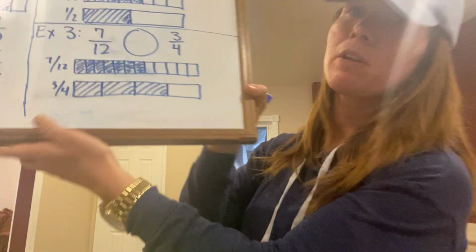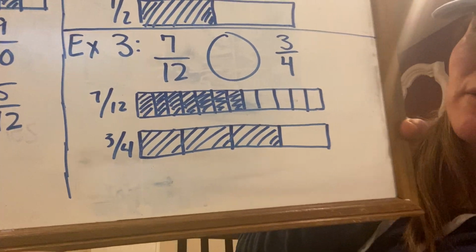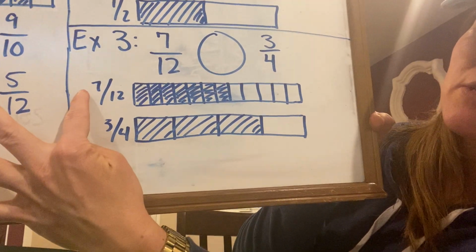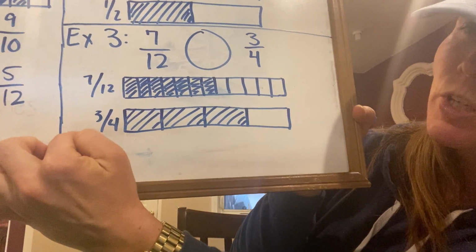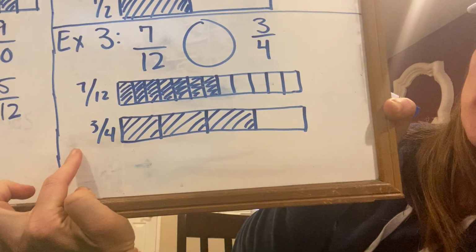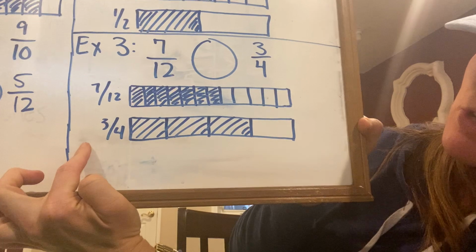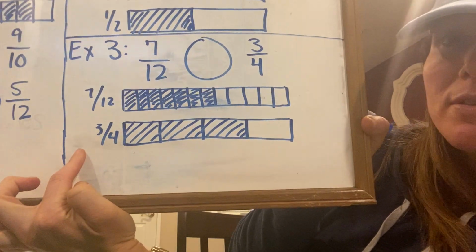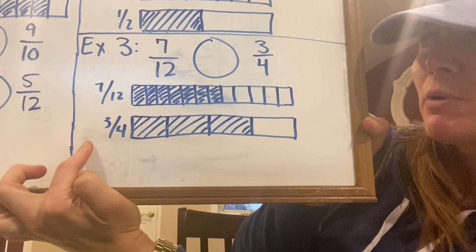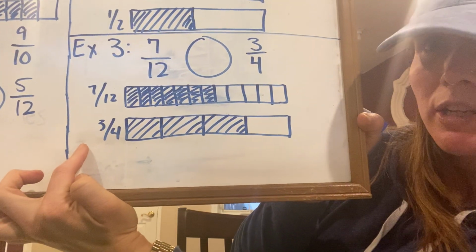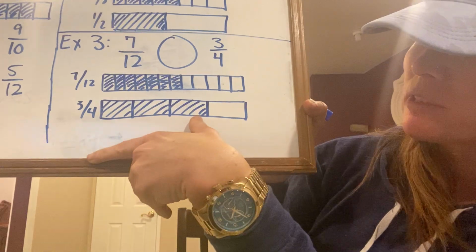Okay, so I labeled my fractions. So you see here, 7/12, 7 parts are shaded. Here, 3/4, 3 parts are shaded. You see that the 3/4 fraction is more. There's more parts. I shouldn't say more parts. There's more value shaded. You can clearly see that.